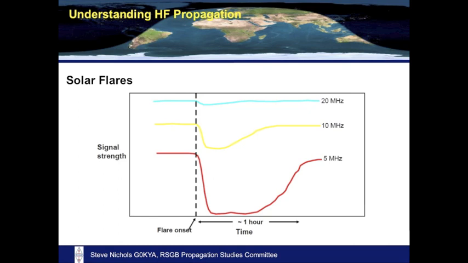But it recovers again within about an hour. But as you go up in frequency, maybe to 10 megahertz, or in this case 20 megahertz, because there's less D-layer absorption at those frequencies, it has less effect. You may see some effect on 20 megahertz, but it recovers reasonably quickly. And by the time you get maybe up to 30 megahertz, the flares don't seem to have much effect at all.